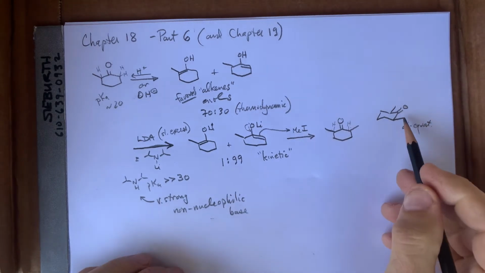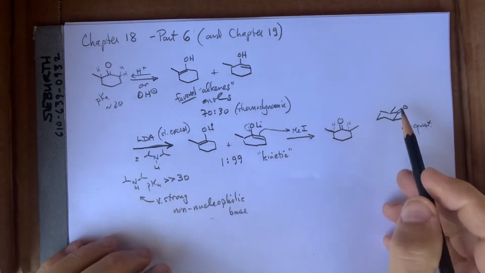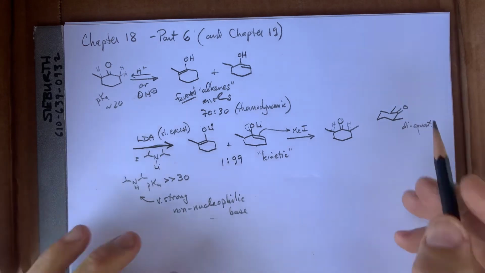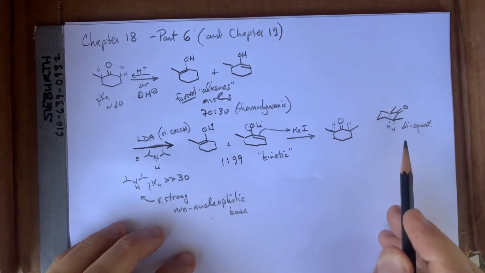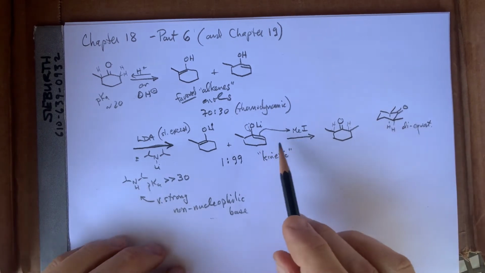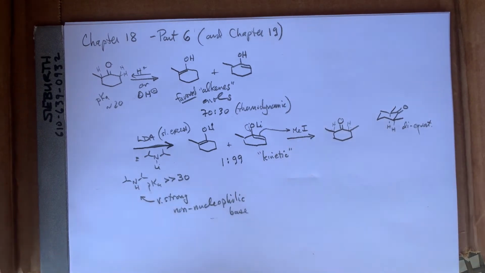They would be cis because they're 1,3. But that is not necessarily what you get from the direct alkylation. But that discussion is really for a more advanced organic chemistry class.